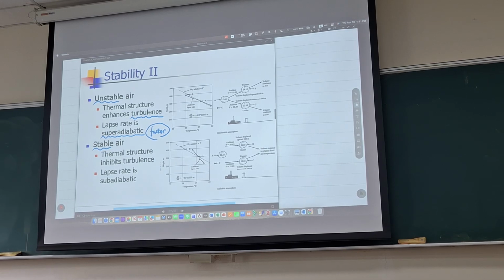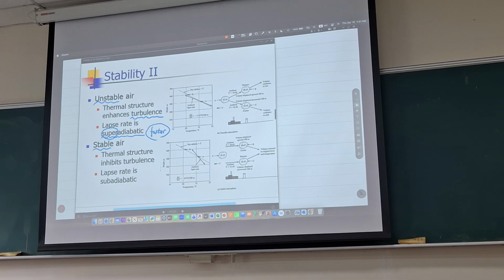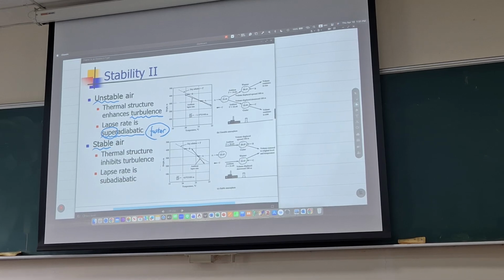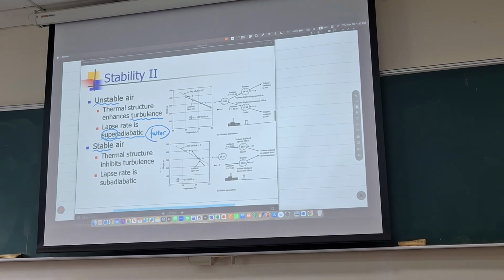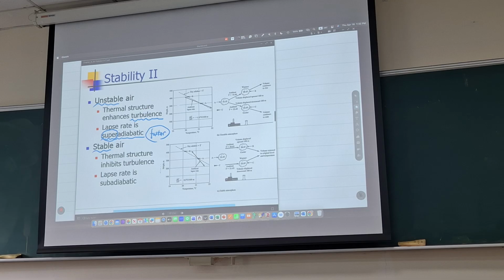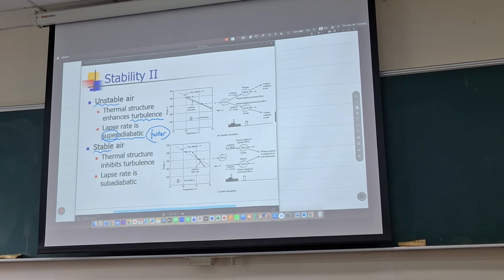So we call this super adiabatic. Okay? So the unstable atmosphere enhances turbulence, and the lapse rate is super adiabatic.